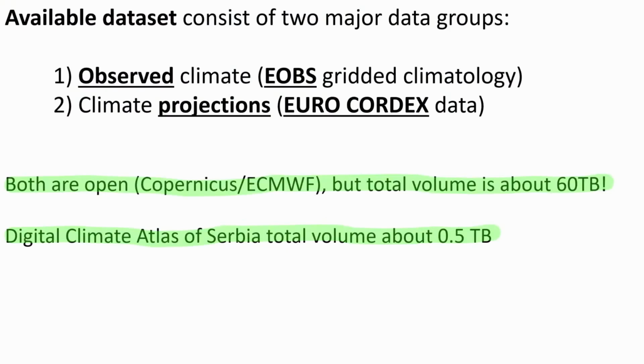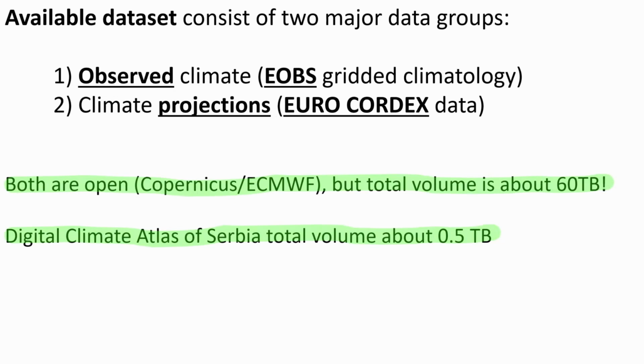The background data is produced or downloaded from the Copernicus system, and observed data relies on the E-OBS grid climatology and the projections coming from the EURO-CORDEX data. So we didn't produce any of the data on the atlas, but just customized that data for Serbia.